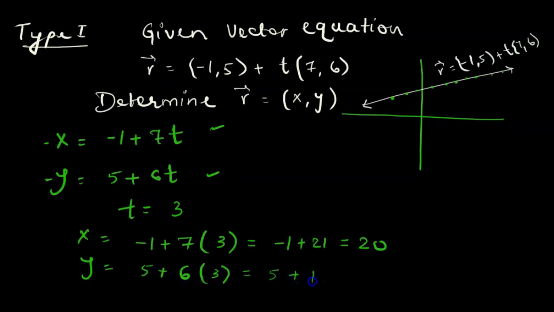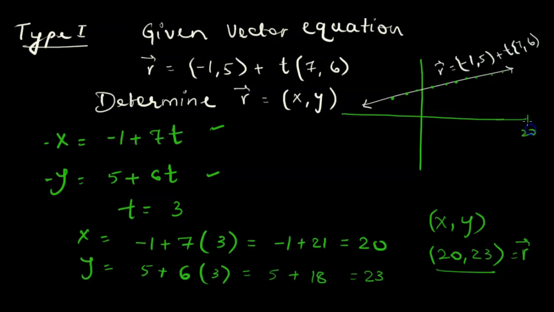We have 5 plus 18, that is equal to 23. So we got (x, y) as (20, 23), and this is the r point. This r point, (20, 23), means x is 20, y is 23, and it should lie on this line that is defined by the equation. Answers may vary for this type of question.